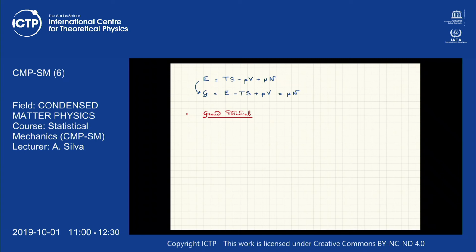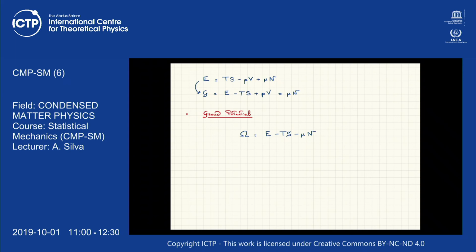So we call the grand potential omega. We take the energy, and what do we do with it? We want to fix temperature, so we subtract T times S. And we want to fix now chemical potential instead of number of particles. So what do we do? Minus mu N. Great.